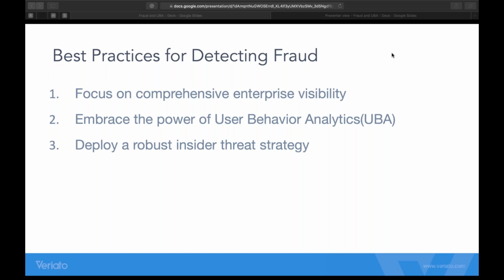Another benefit of UBA in this case is that by focusing on individual user activity, no matter which group the user falls within, and no matter what kind of culprit profile, like all of the different names we talked about earlier, companies can gain more insight into what's actually happening.